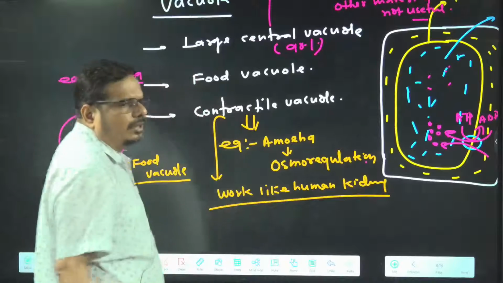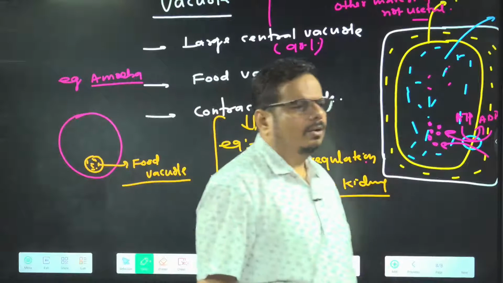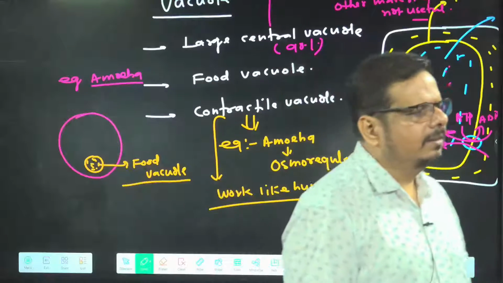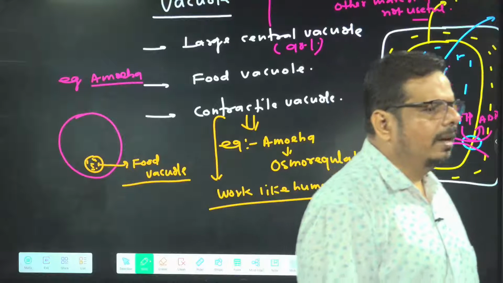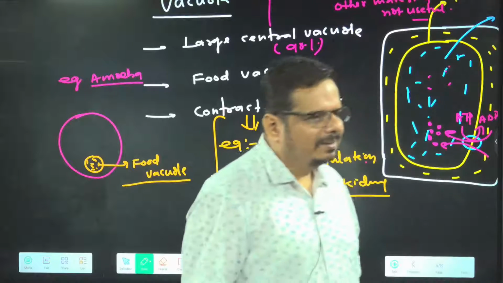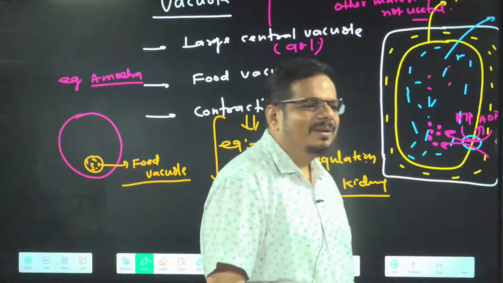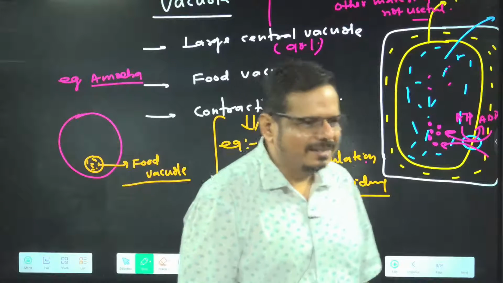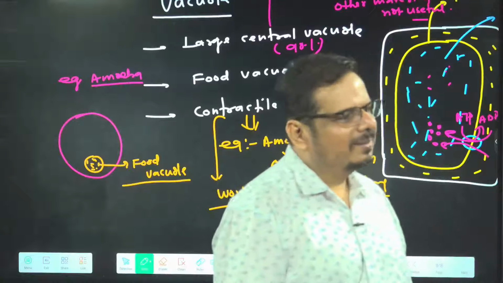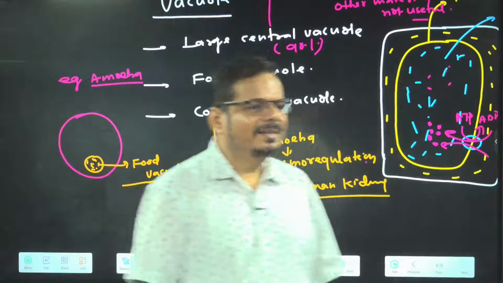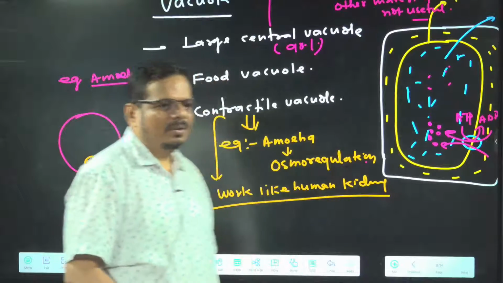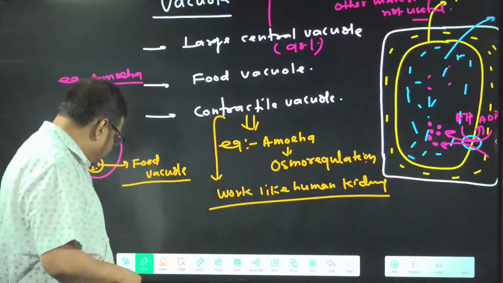Osmoregulation, na? So the same it is doing. Contractile vacuole has a role in osmoregulation. Is it clear in the mind? It works like the human kidney, so it has a role in excretion as well. Got the idea? So this is about vacuole.